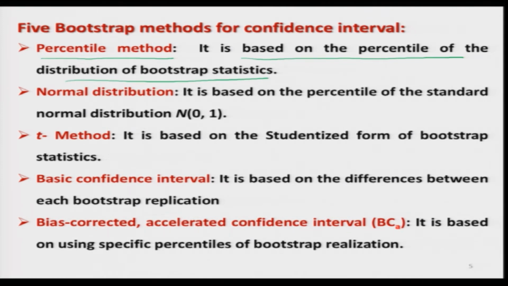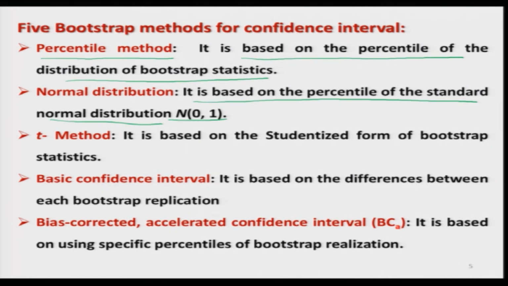The second method: we assume that the distribution of the statistic is normal 0, 1, and then we find the percentiles of the standard normal 0, 1 distribution and construct the confidence interval. As I explained, the normal distribution and t distribution can be used for confidence interval estimation.